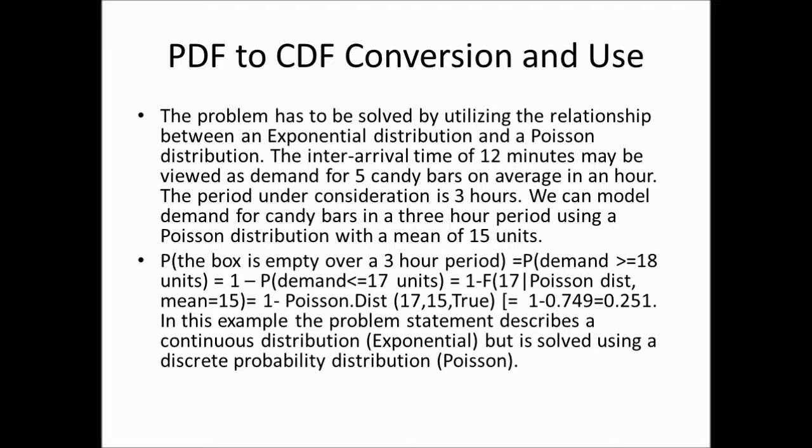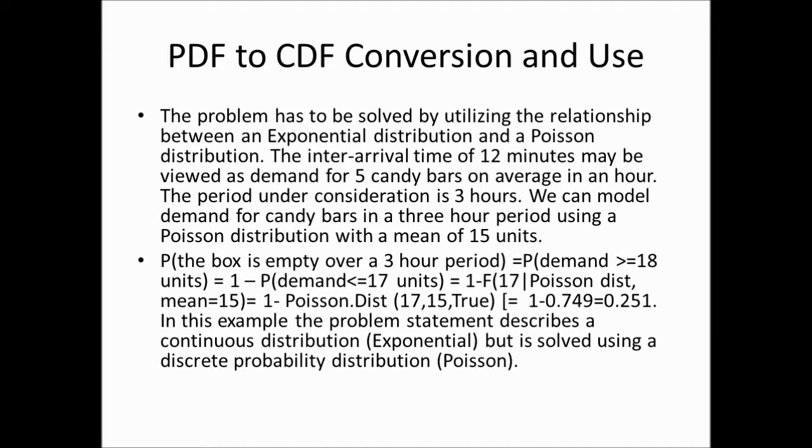Now, a greater-than type probability, you can always convert into less-than type, the complement of a less-than type, so that you can use the typical CDF lookup table. So in this case, we'll write probability demand is greater than or equal to 18 is equal to 1 minus probability demand is less than or equal to 17 units.